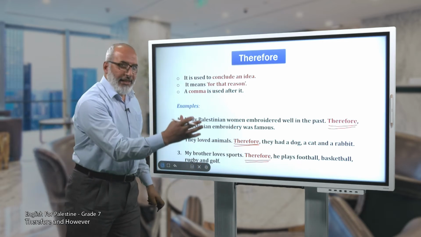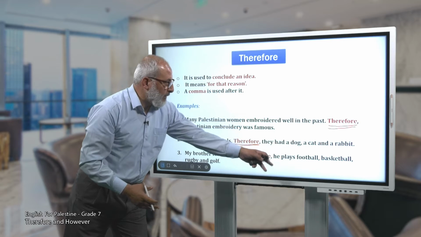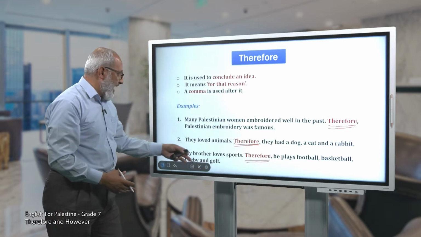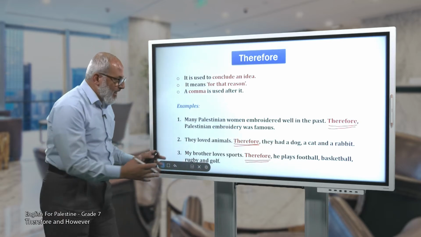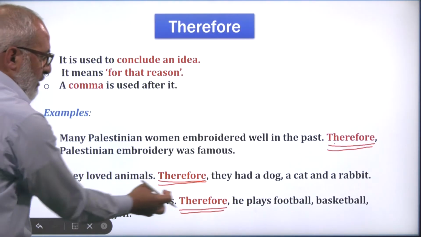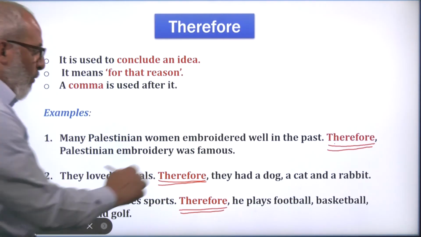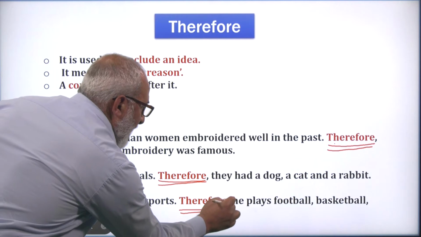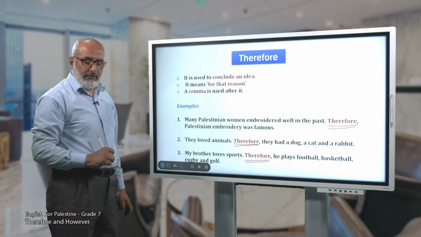The conclusion is he plays football, basketball, rugby, and golf. So here, when we write a conclusion for an idea, we use therefore. We put a comma after it.